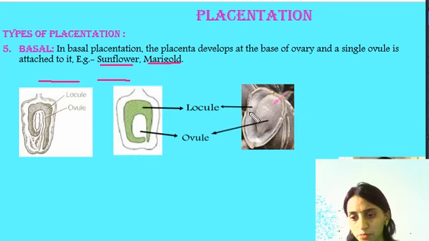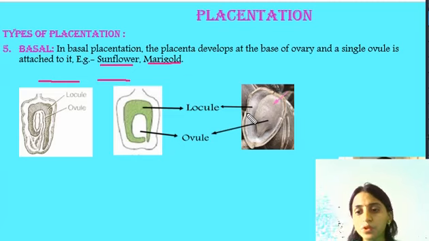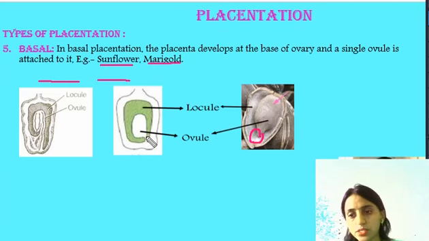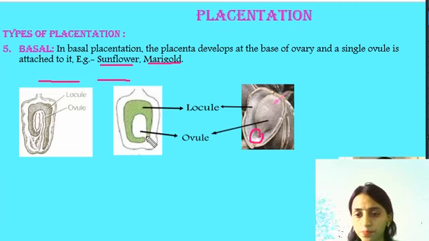The wall of the fruit is known as pericarp. And this is a seed and it is attached to the base of the fruit. So here there is only one locule and the ovule is attached to the base of the ovary. This type of placentation is known as basal placentation.